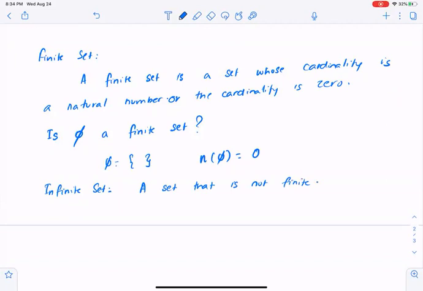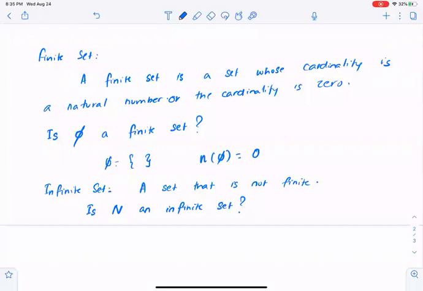An infinite set, naturally, is simply a set that is not finite. That's it. Now, is the set of natural numbers N an infinite set?